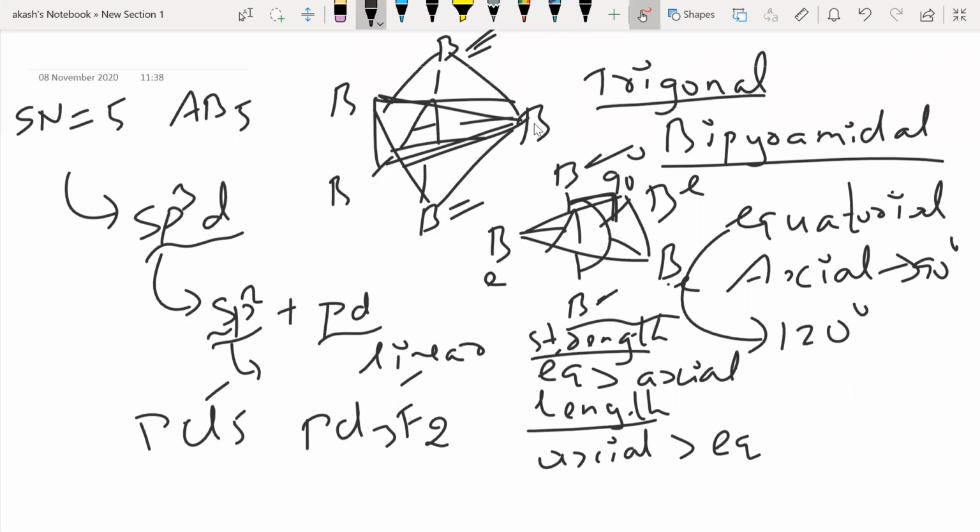Where should I put the fluorine atoms, whether in axial or equatorial, and where should I put the chlorine atoms, whether in axial or equatorial? Okay, so for that we have a rule. We have a scientist who worked on this, and he told that this is how it should be, right? So that rule is what is called Bent's rule. Bent is the name of the scientist, not the shape, right?